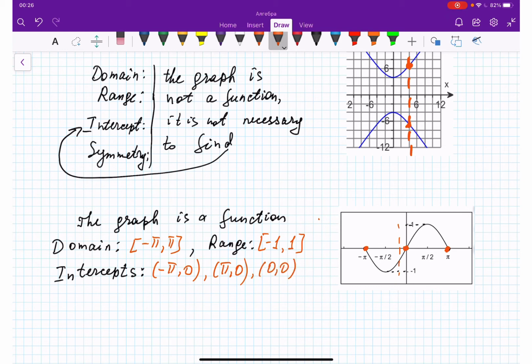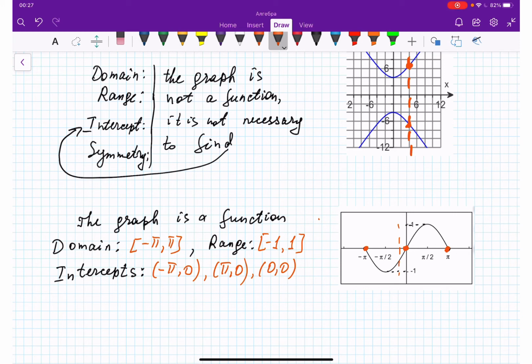Okay, now let's determine if this graph is symmetrical. The graph can be symmetrical with respect to the x-axis, y-axis, and the origin. So this one is symmetric to the origin. Look here.